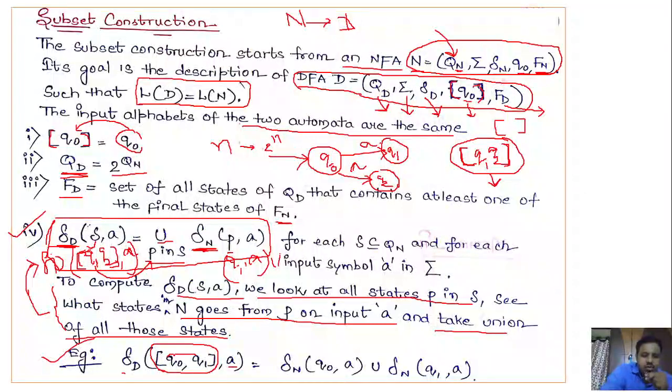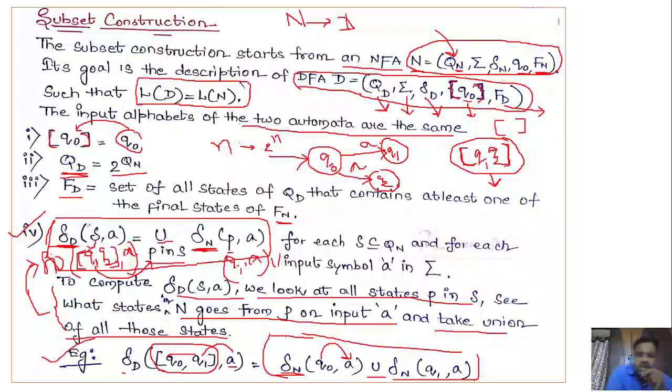Then for each state we go to the NFA and perform the transition on input symbol A, right? So go to the NFA, that is delta N, check the transition on Q0 on input symbol A, and union it with the transition from Q1 on A. So union of delta N Q1 comma A. This is the way in which we find out the transition function in the DFA, that is, the transition for a state in the DFA.